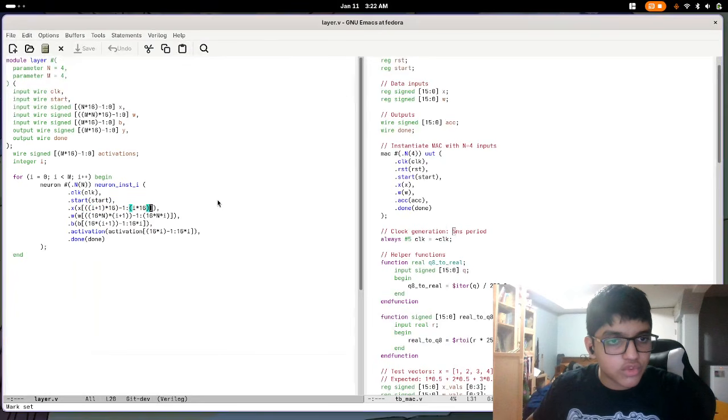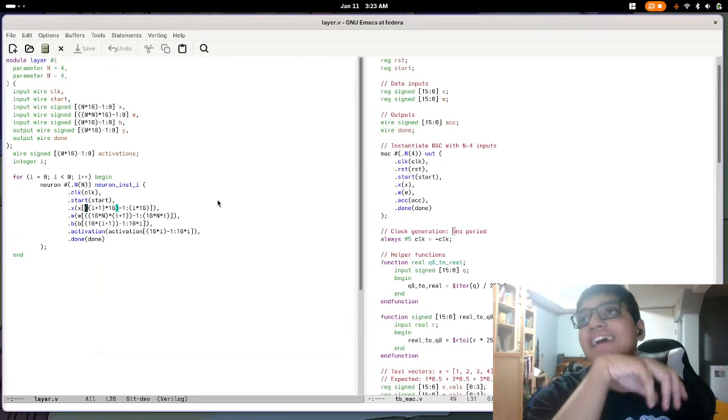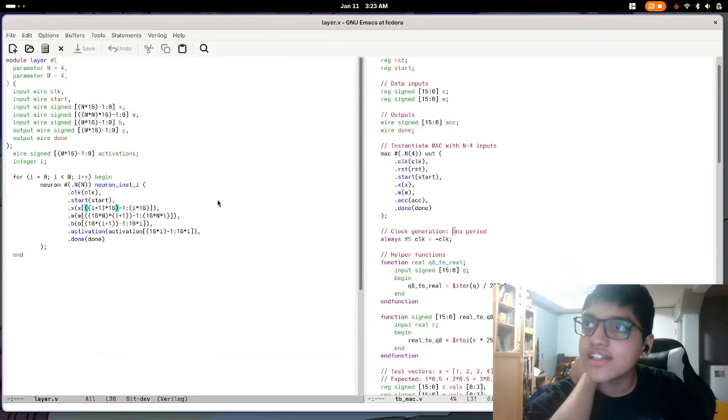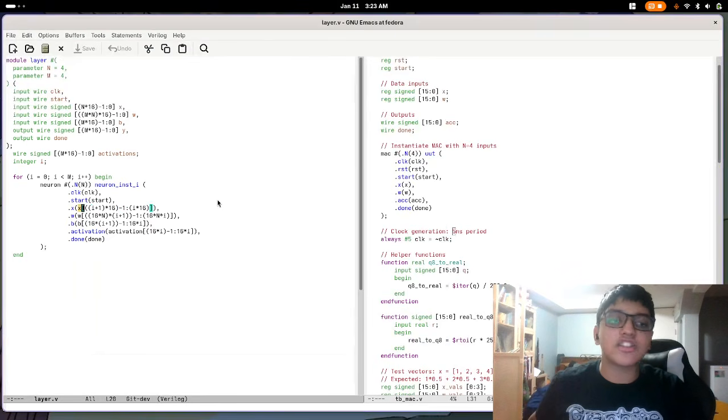I think it's incorrect, yes, because you can see we have i in here, which implies that every neuron is getting a different subset of the inputs, but that's just not true.